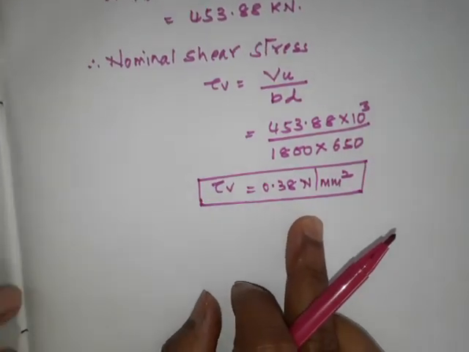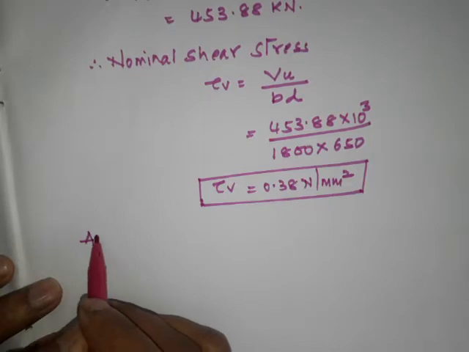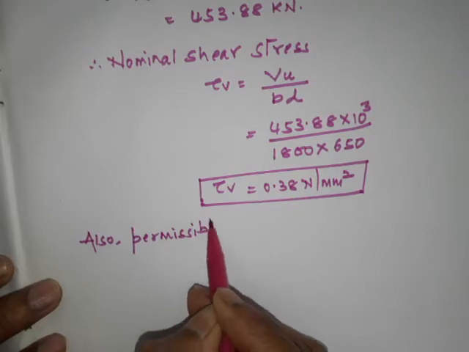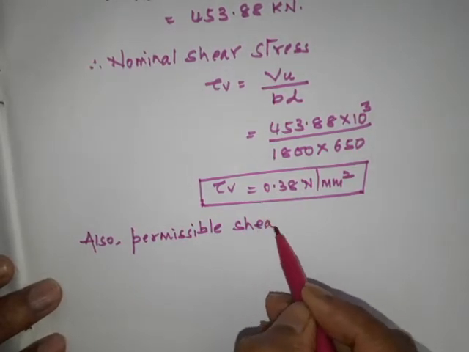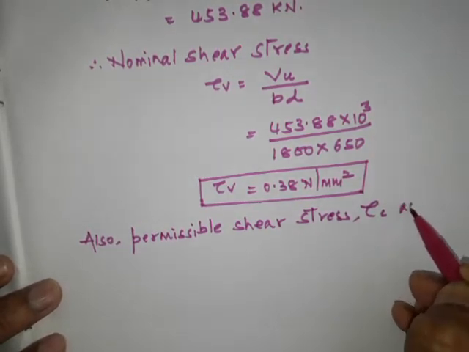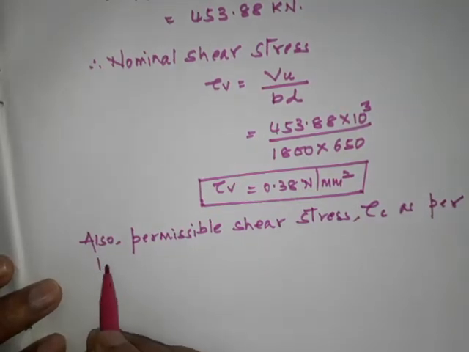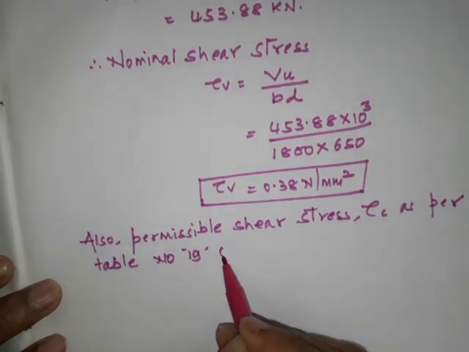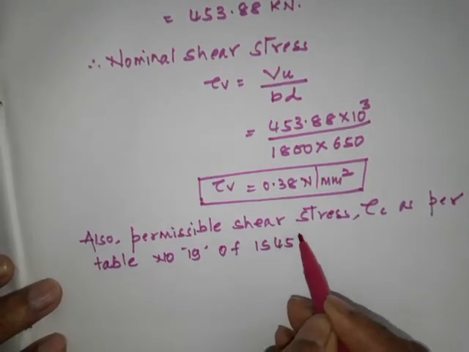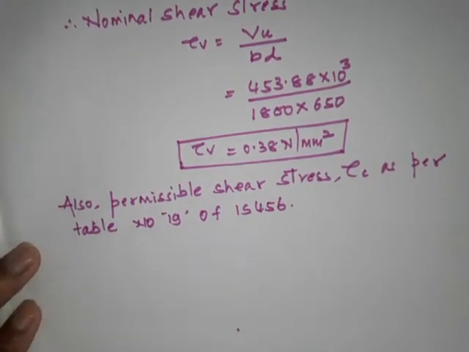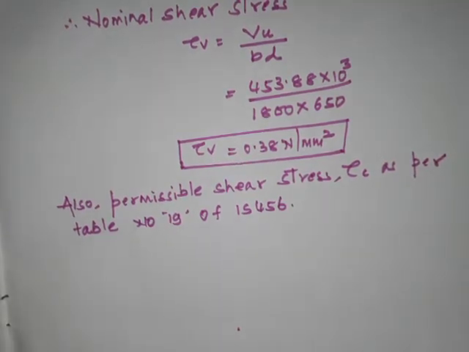Then also the permissible shear stress tau c as per table number 19 of IS 456. Here for that you have to find out what is pt.